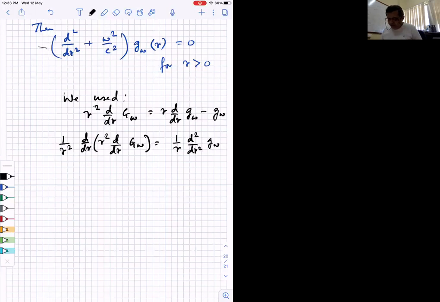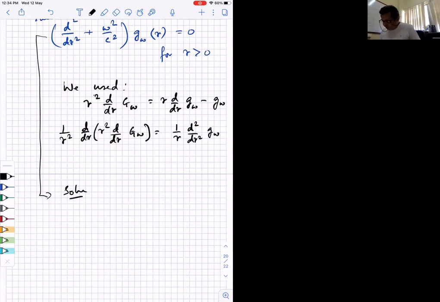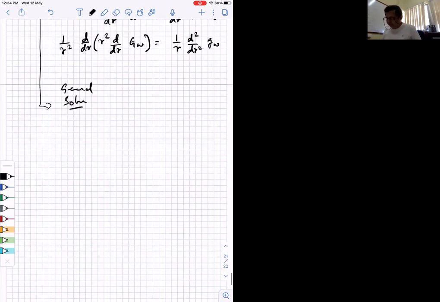Now these kinds of equations you can solve. You can solve this equation, and it has a general solution, right? So a general solution of this equation is basically, let us take my GW to be, so you use a solution and then we see whether it makes sense.